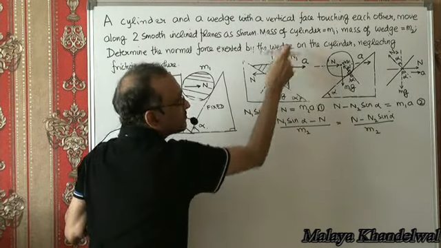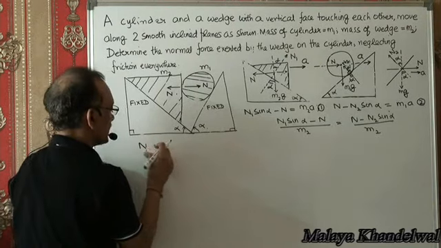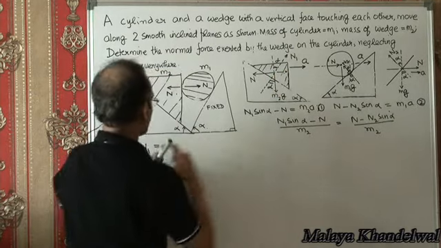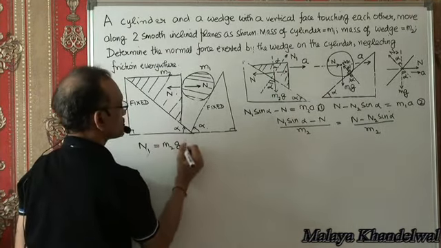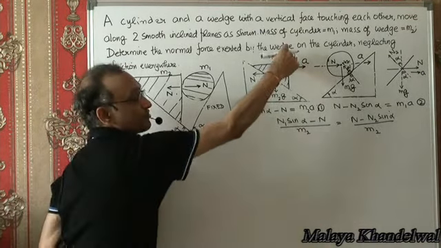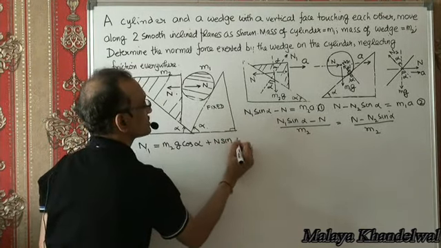Very clearly, N1 in this direction must take care of m2g cos alpha plus N sine alpha. The component of N in this direction is N sine alpha, right? That's as far as this is concerned.